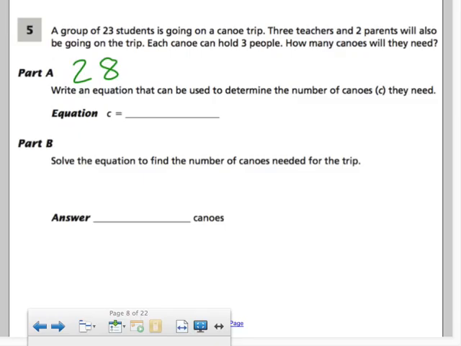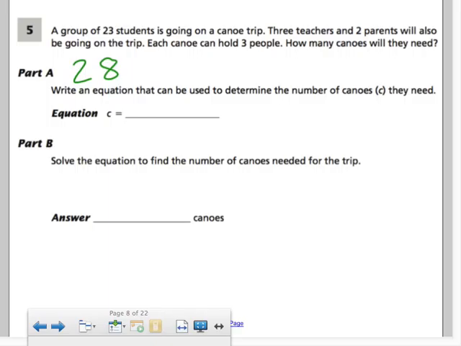Well, if you're trying to fit something into something, and you see the word each, it's usually a specific kind of problem. Anyone remember what kind of problem that is? Robin, division is correct. So what division are we doing? That's the equation they want. What math are we actually doing?